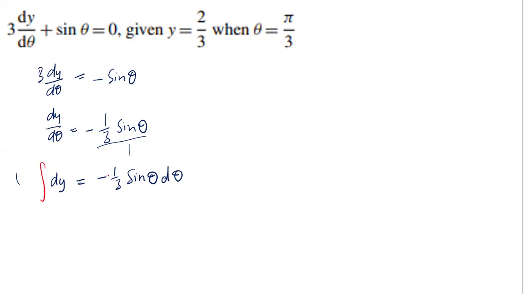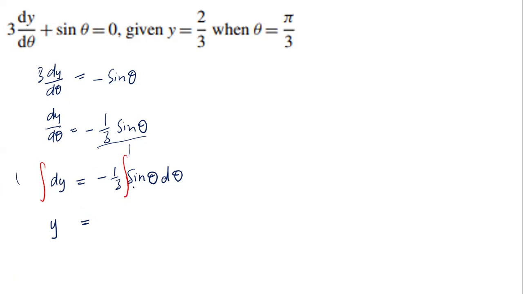What's the deal? Integrate. Simple. We integrate this side, we integrate that side. Let me take this 1 over 3 already as a constant, so let's be smart on this one. Now, what is the integral of dy? We bring back y. And then here we have our constant, which is 1 over 3.